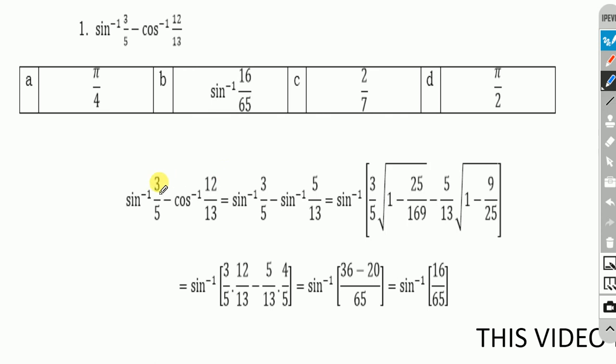So sin inverse of 3 by 5 as it is, and cos inverse of 12 by 13 is sin inverse of 5 by 13.